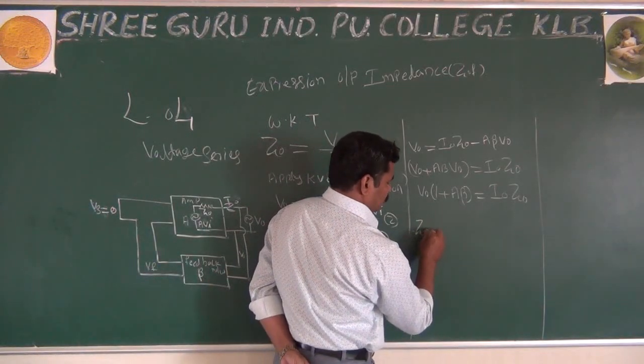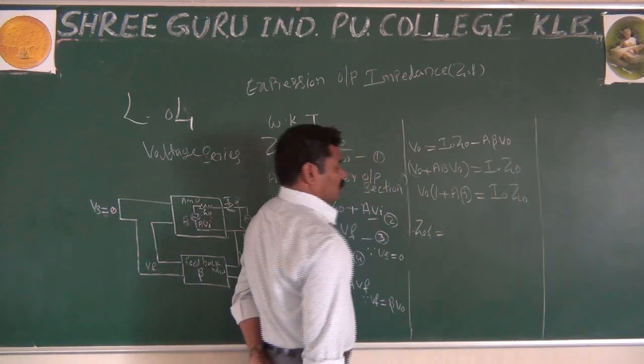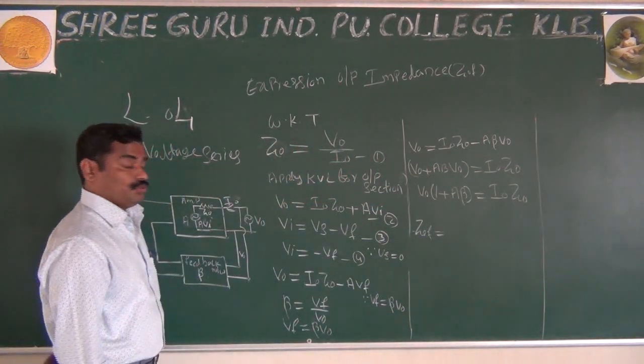We want Z0F, which is equal to the output impedance with feedback.